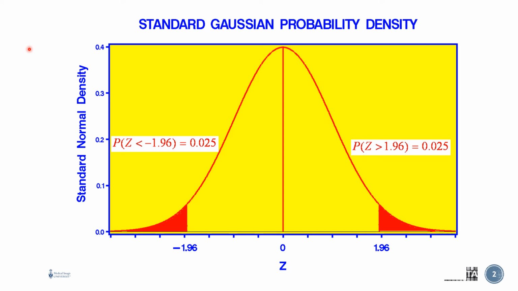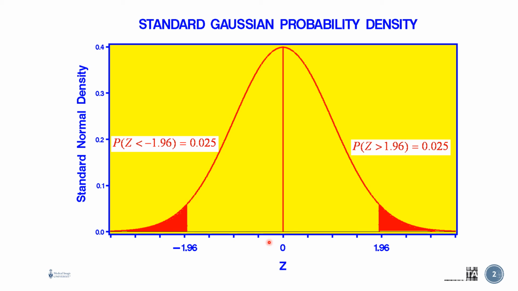So based on what we just saw in the previous slides, remember that the z-score that we inserted into the Gaussian probability density function allows us to calculate the probability of obtaining a z-score between negative 1.96 and positive 1.96 is equal to 0.95 or 95%, 95% of the time.